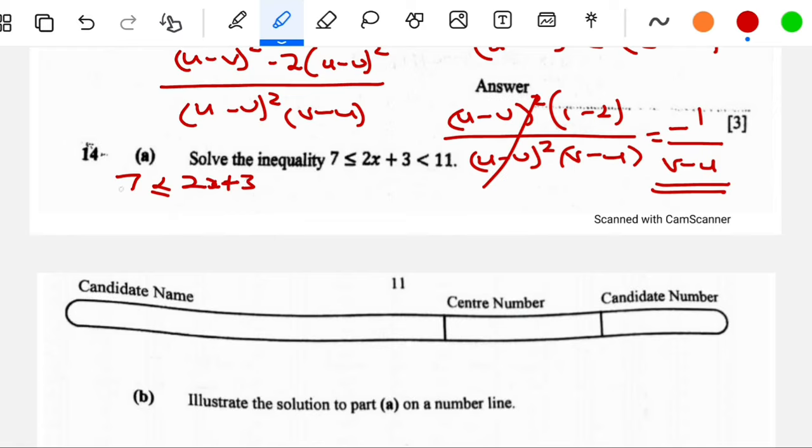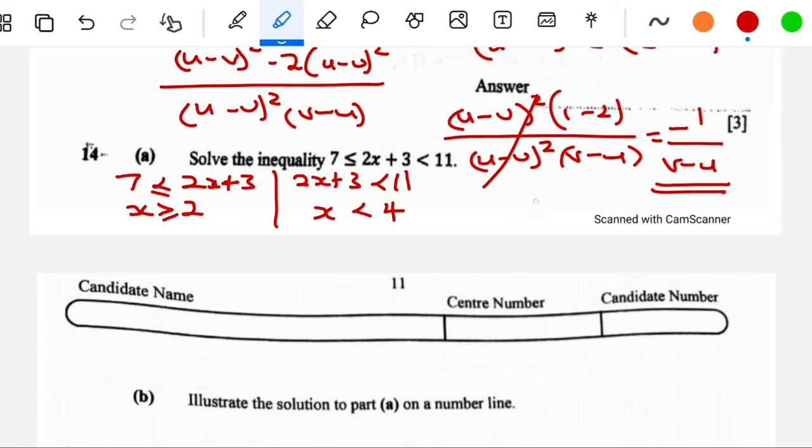If I move 3 to that side, I get 4, then divide by 2, so I get x greater than or equal to 2. Then the other side, I'll have 2x plus 3 less than 11. If I move 3 to that side, I'll get 8. Then 8 divided by 2, I get 4. So it's x less than 4.